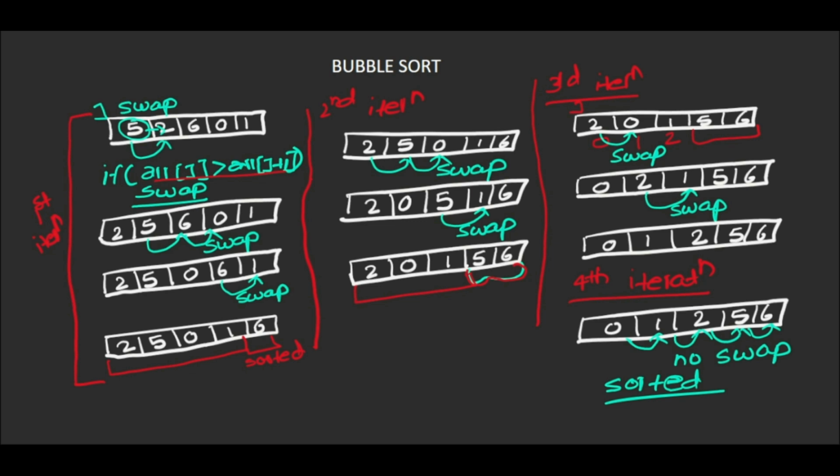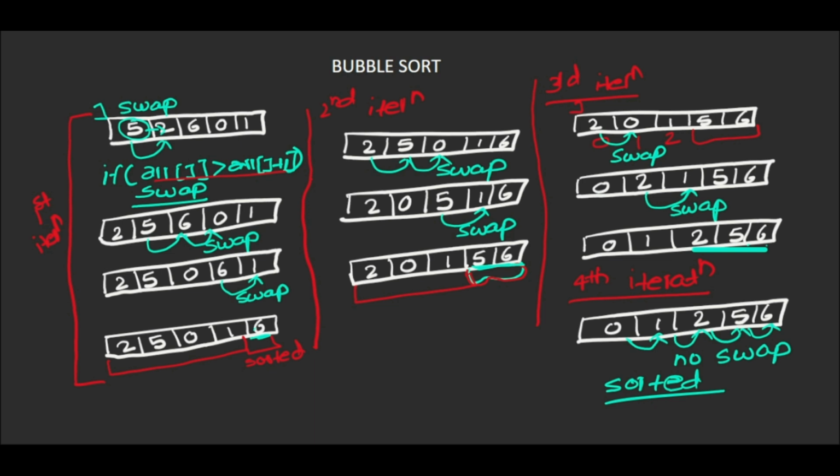Here we saw that in each iteration, the heaviest element gets sorted. In the first iteration, 6 is sorted. In the second iteration, 5 and 6 are sorted. In the next iteration, 2, 5, 6 are sorted. So it progressed like this.